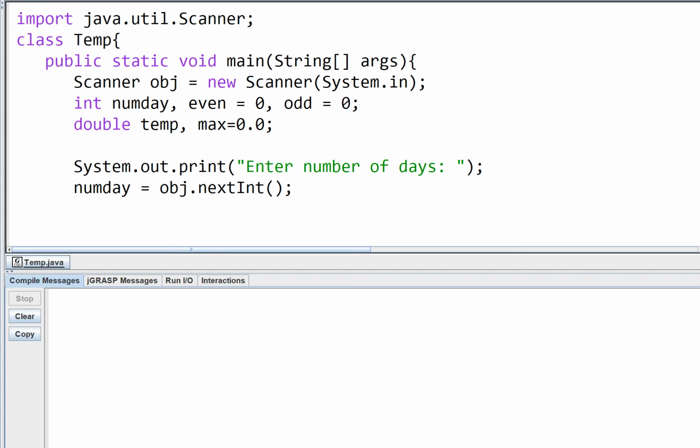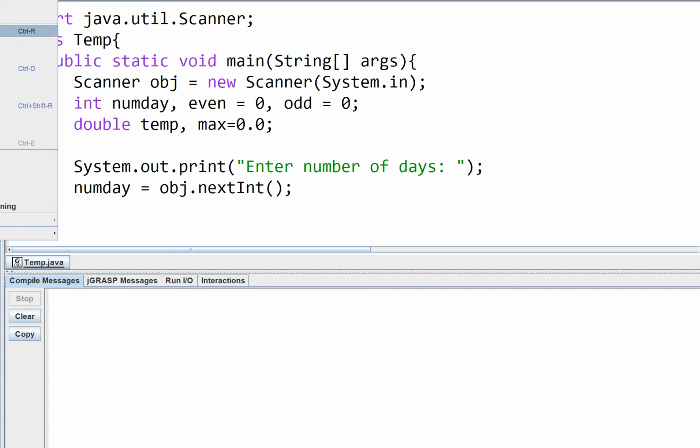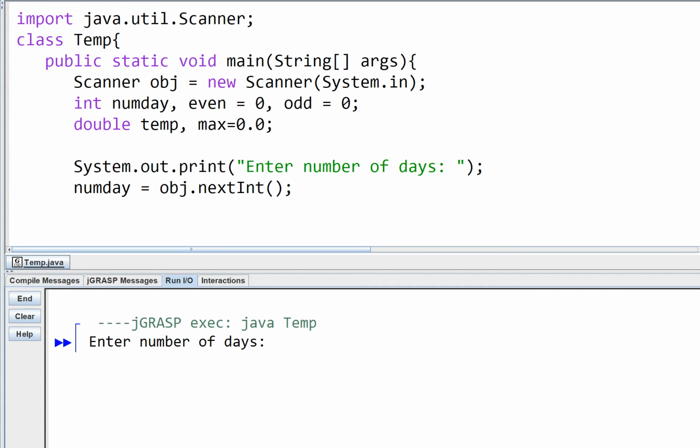Here, just enter, as I told you just now, 5, meaning 5 days.